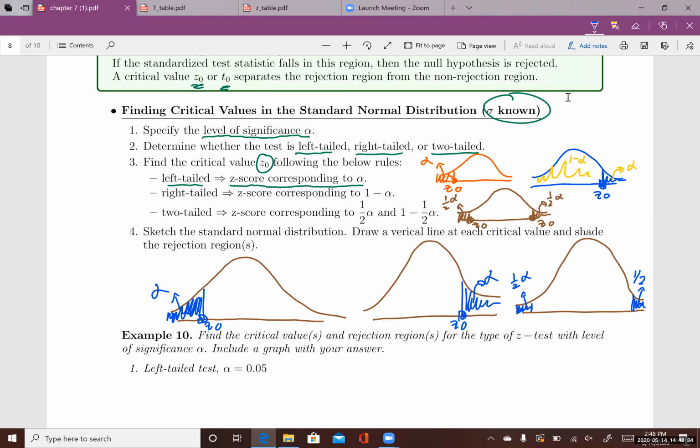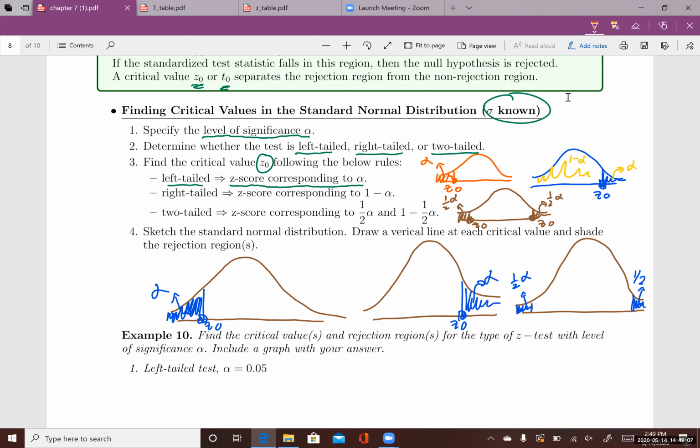So once you determine your rejection regions, then you can calculate your standardized test statistic from your sample mean. Then you will compare. If the standardized test statistic falls into the rejection region, then you reject the null hypothesis. But if your standardized test statistic Z falls into the non-rejection region, that means you fail to reject the null hypothesis.